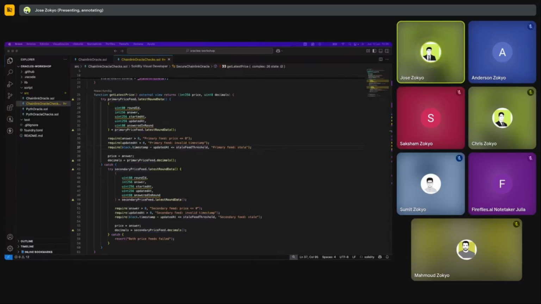That would be reserves or some algorithmic logic, but we cannot assume that stablecoins are always pegged to 1.